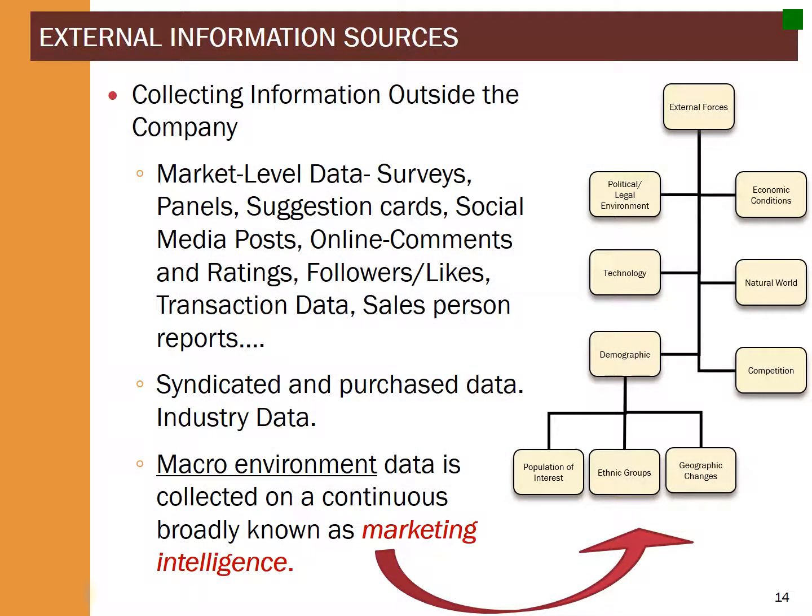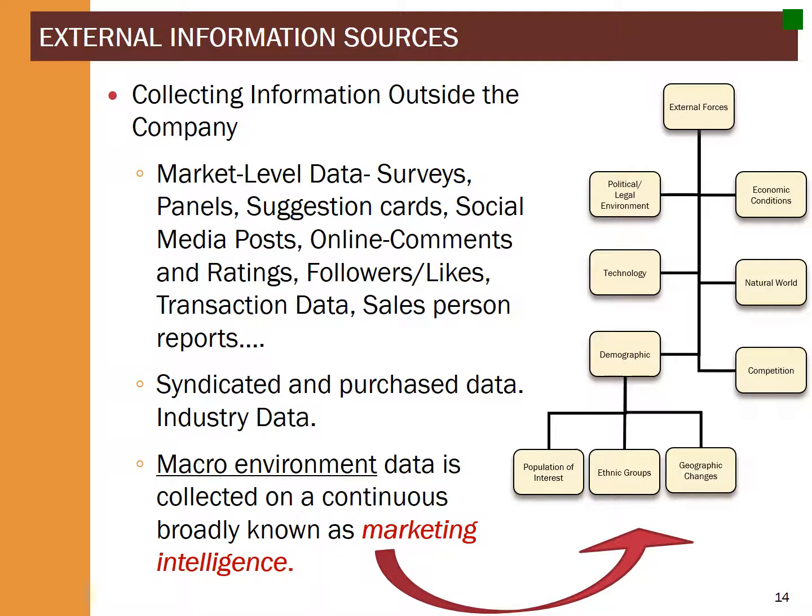When we look outside the firm, think about sources that we don't have. So secondary sources, syndicated data sources. You might buy a data set, for instance. You may look at macro environment data like the GDP and overall income of the market. And broadly speaking, when we talk about macro data, sometimes we call this marketing intelligence overall.